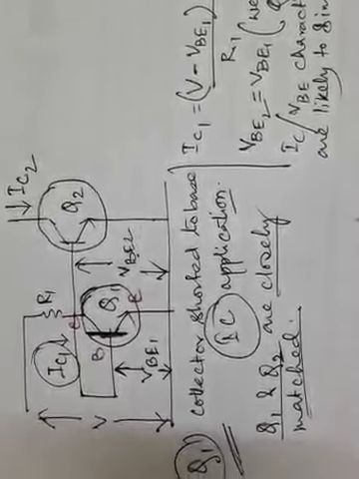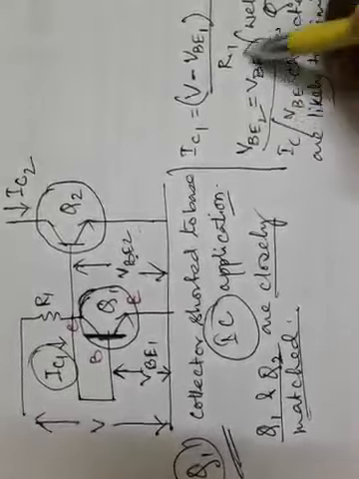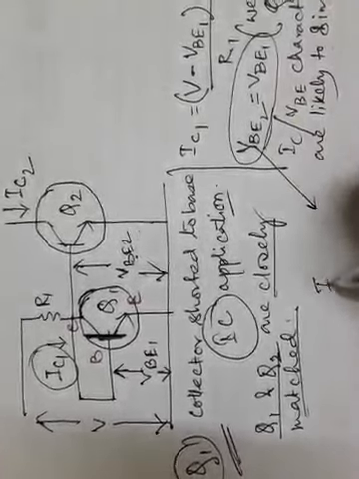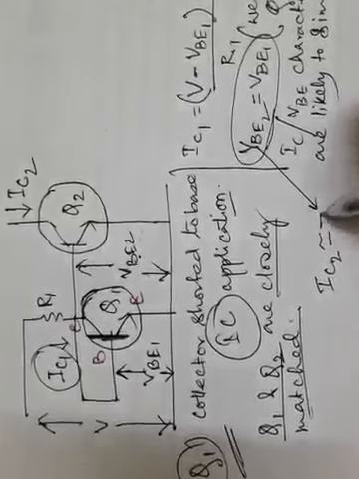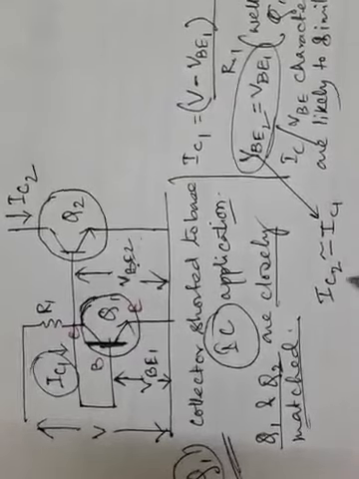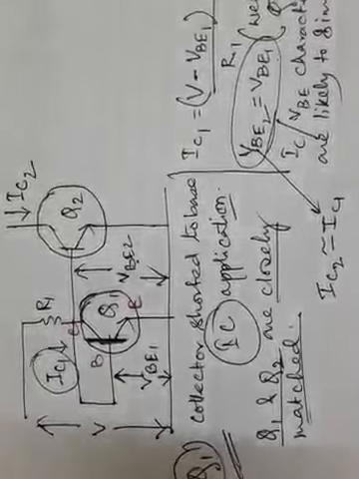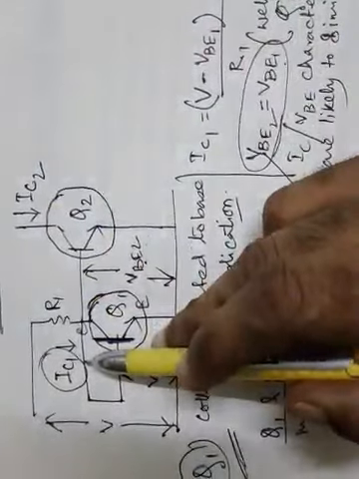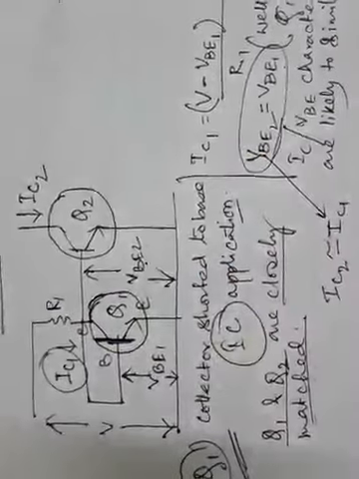So consequently, with VBE2 equal to VBE1, IC2 will be likely to be equal to IC1 also. It is most favorable because of well matched characteristics between Q1 and Q2. So we can say that this IC2 can be assumed to be very closely similar to this IC1.